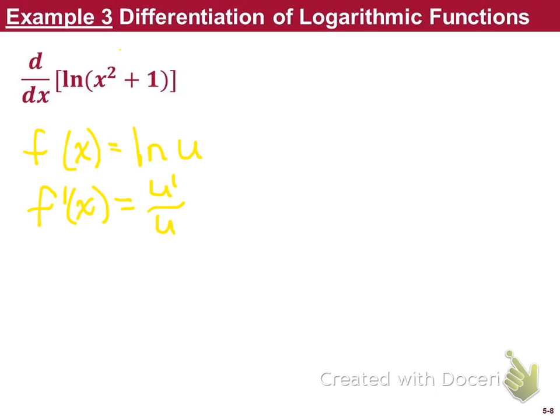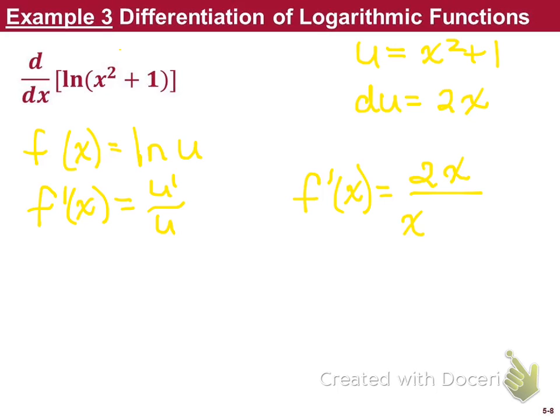So keep your rule in mind. If u is equal to x squared plus 1, the derivative of u is 2x. So the derivative of our function would be equal to the derivative of u, which is 2x, over u, which is x squared plus 1. Done.